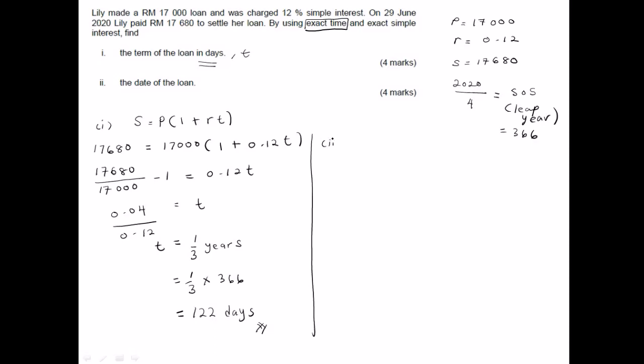Okay, number 2, we want to find the date of the loan. Lily paid the loan on 29 June 2020. So we will do it backwards, from the day Lily made the payment backwards to the day Lily made the loan.